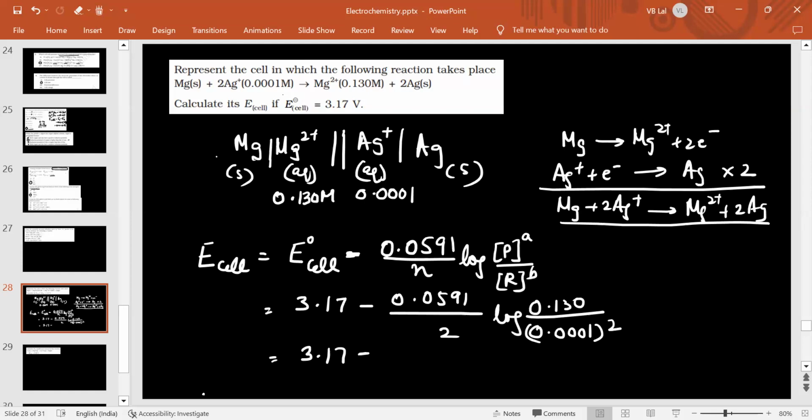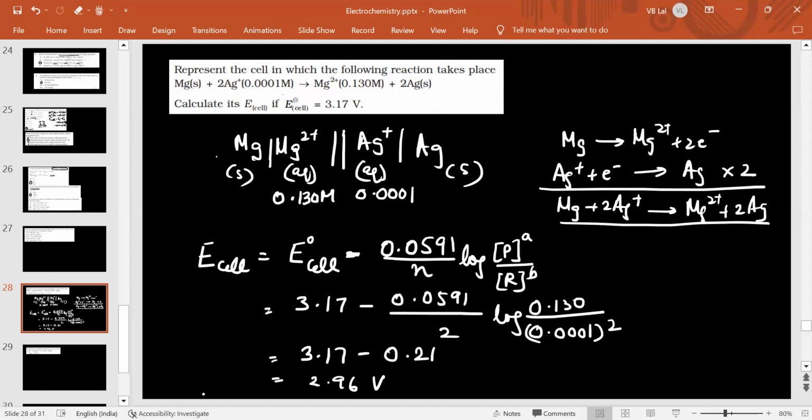I think it should come to minus 0.21. And so the final answer comes to 2.96 volts.